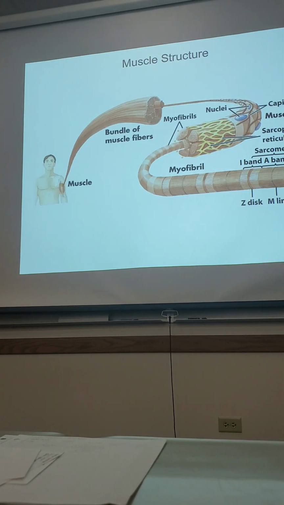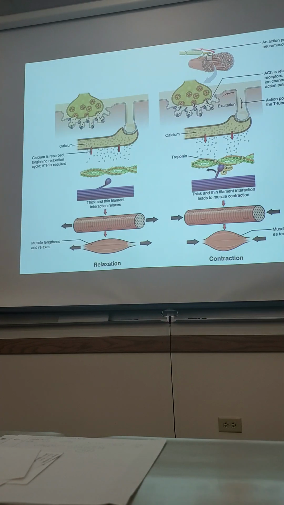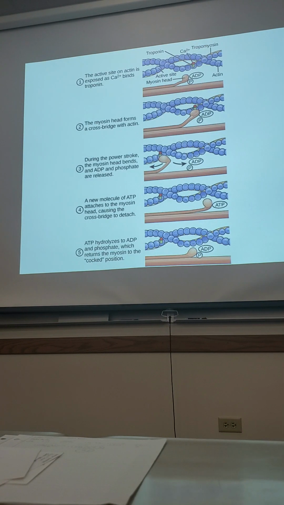And the way that it basically happens is, here, all right, so we have the basic idea. The activation site on actin is exposed as calcium binds. We have ADP and Pi attached to the myosin head. It's going to bind, and it's going to lose the ADP and Pi in the process of the power stroke.